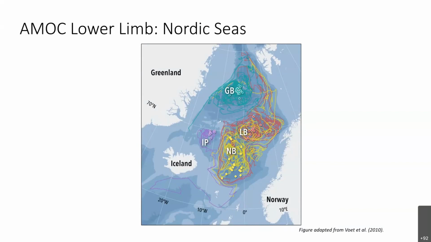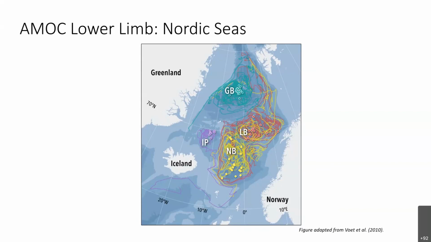So in this slide, you see the trajectories of about 60 profiling floats that were deployed in the Nordic seas, all the subbasins, to look at the circulation patterns on the largest scale.